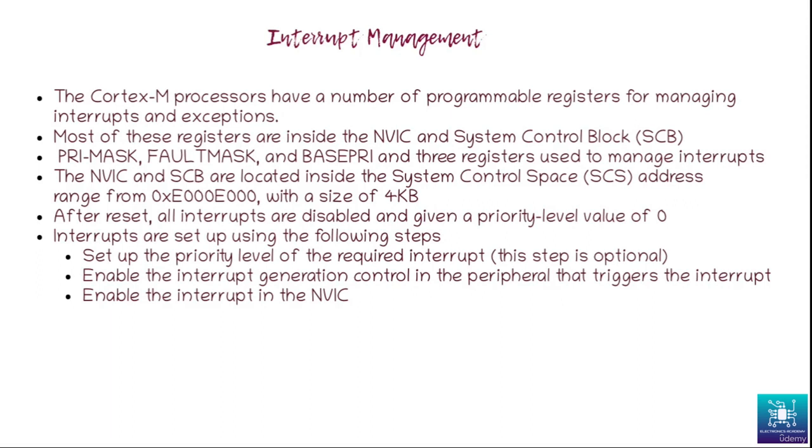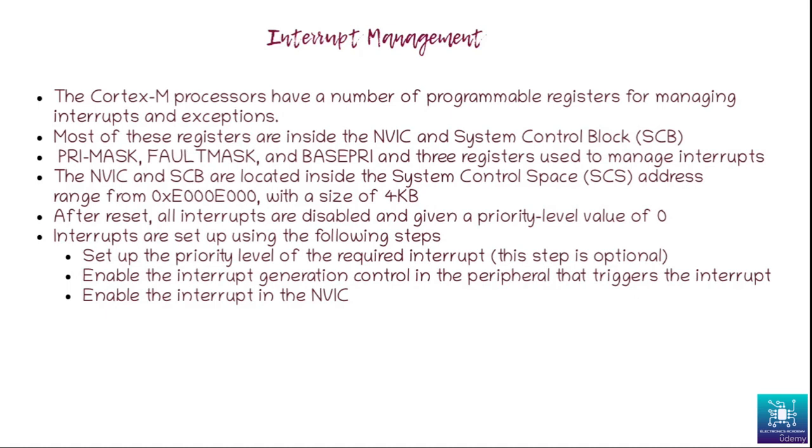Now, this step is optional, but we will be setting priority levels of interrupts because we will be dealing with more than one interrupt, and interrupt preemption also is of importance as far as our applications are concerned. Though this step is optional, that is, you can do away with it if you are dealing with a simple interrupt structure, we will be needing it.